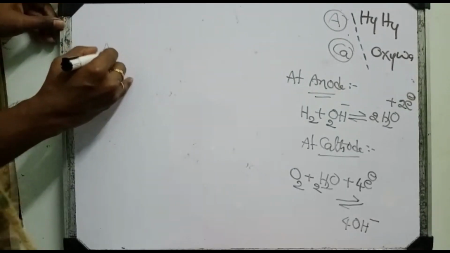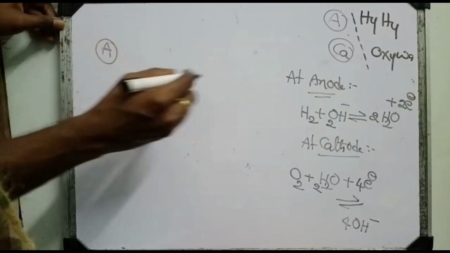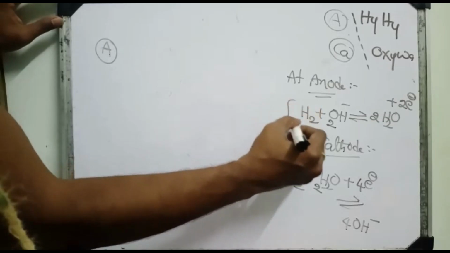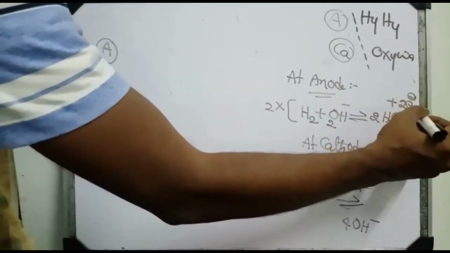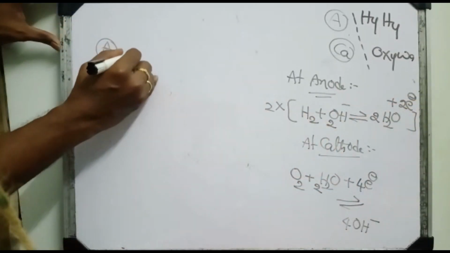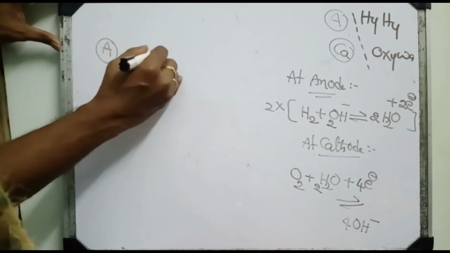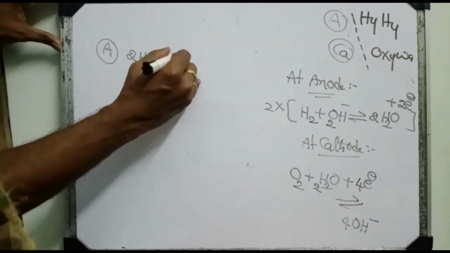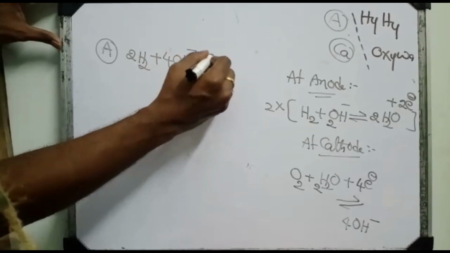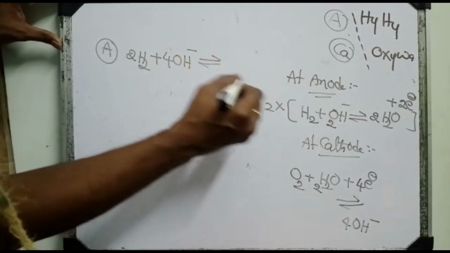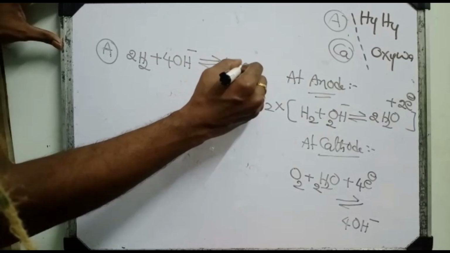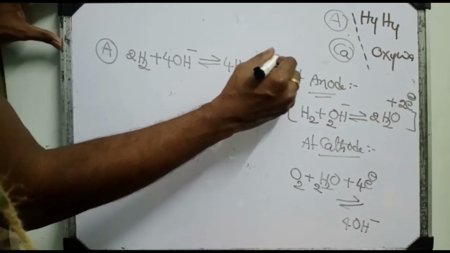So for balancing, the anodic reaction is multiplied by 2, and then it balances. That means 2H2 plus 4OH minus gives 4 water plus 4 electrons.